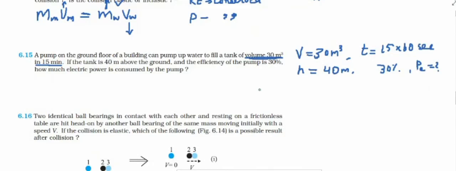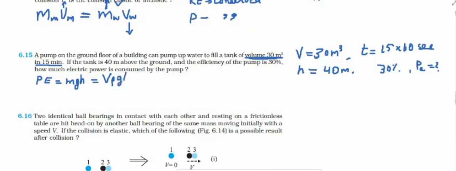Now look at the formula carefully. So we have the potential energy, which is equal to mgh. Again, mass is equal to volume into density. For the density of water, you have to take 1000 kilogram per meter cube.